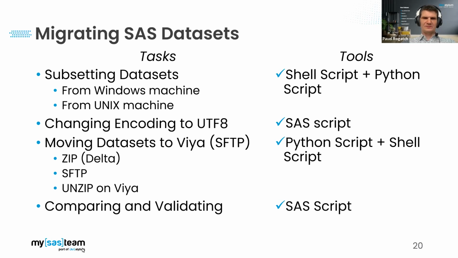And the SAS Global team helped us to unzip those archives that we sent to the new platform and place the necessary datasets and SAS code files in the necessary folders. And the last task was to compare and validate the migrated datasets, and we used a SAS script for that. And now Oksana will continue.